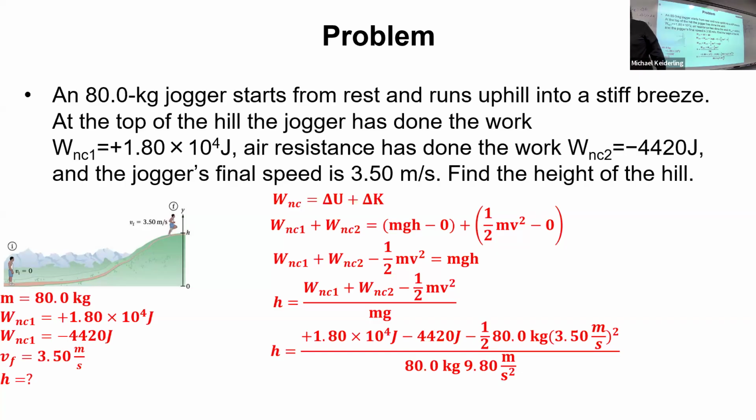So the height equals 1.8 times 10 to the 4 joules minus 4,420 joules minus 1/2 times 80 kilograms times 3.5 meters per second squared, divided by 80 kilograms times 9.8 meters per second squared, which is 13,090 joules divided by 784 newtons, or 16.7 meters.